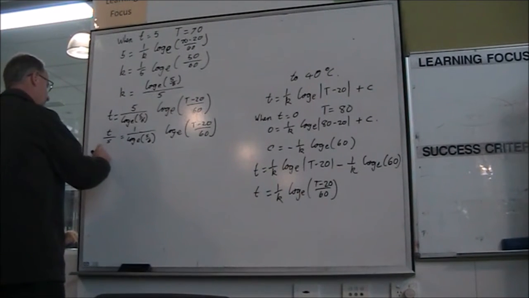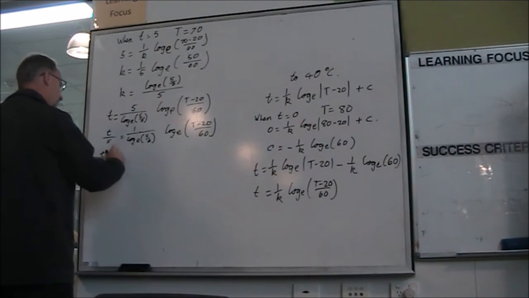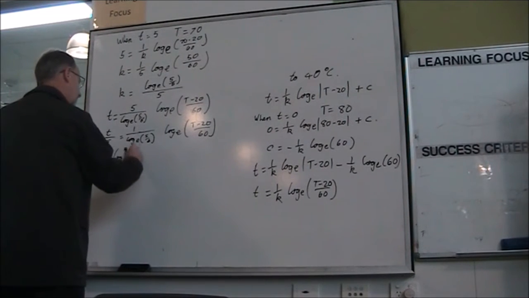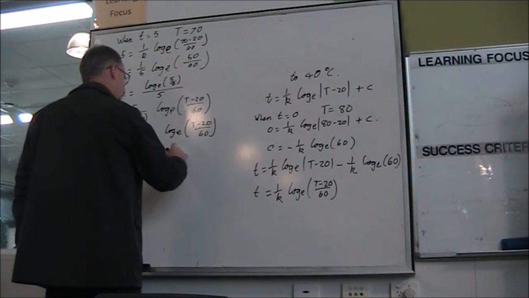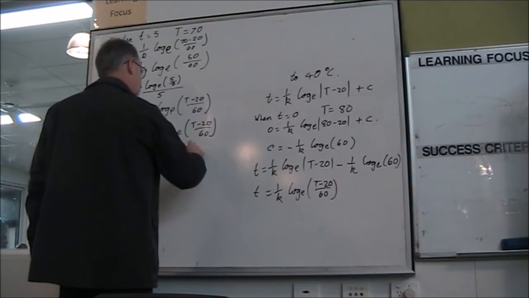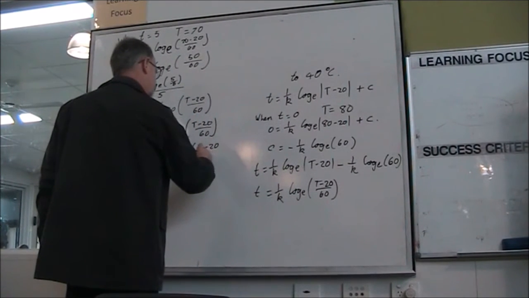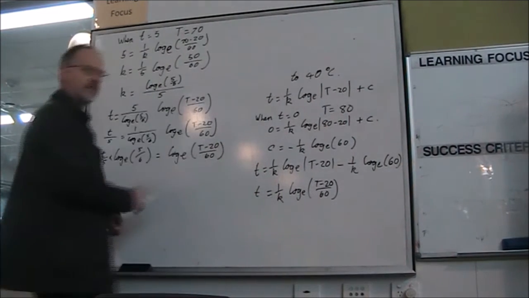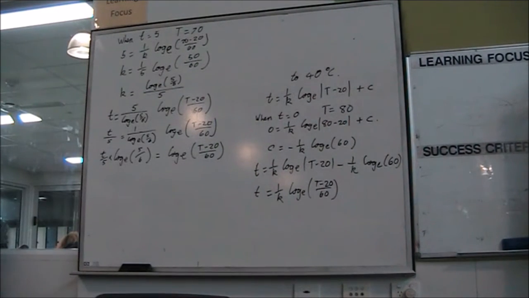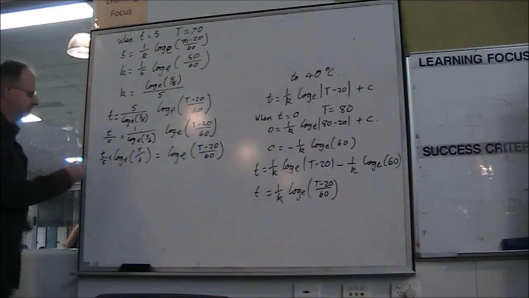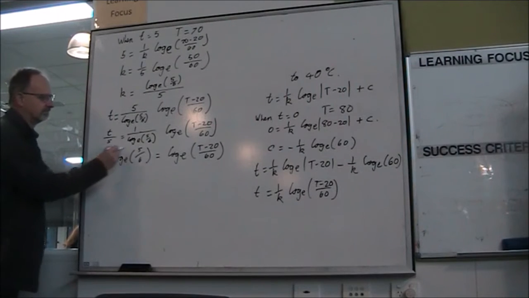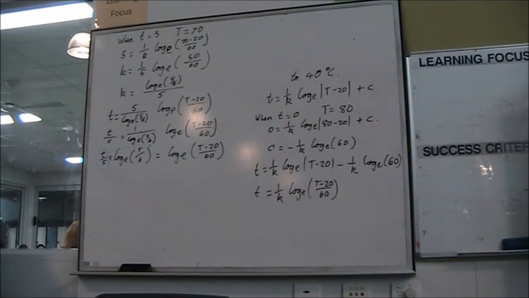So we've got t on 5 times log to the base e of 5/6 equals log to the base e of t minus 20 over 60. Log law. It comes up there as a power, yeah?